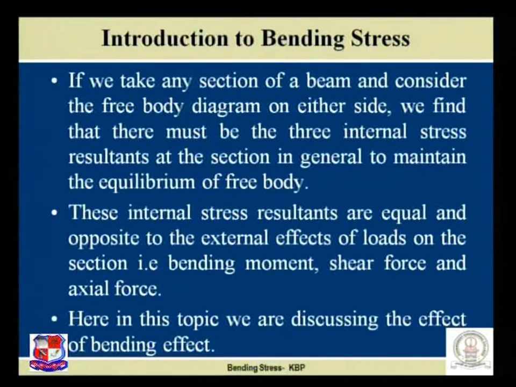What are those three? Please recall. The first is horizontal, second is vertical and third is the moment. In technical words, these three are referred to as axial force, shear force and bending moment.